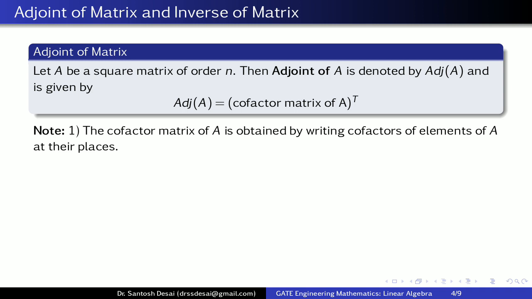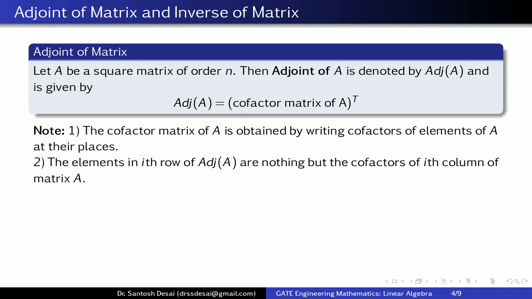So first we find cofactors of all the elements and write the cofactors at the positions of the elements of the given matrix A. Adjoint of A is nothing but the transpose of the cofactor matrix of A. So from the definition, the elements in the ith row of adjoint of A are nothing but the cofactors of the ith column of matrix A.